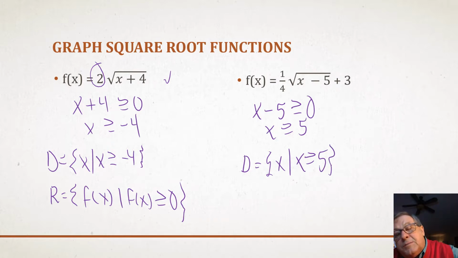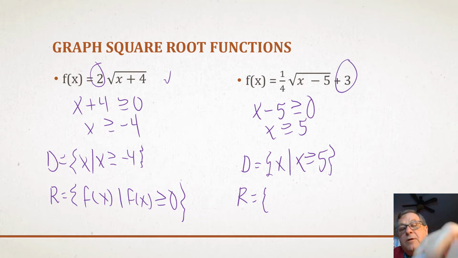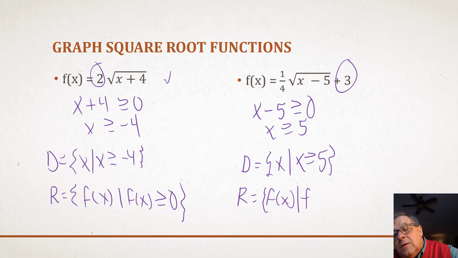Now our range has been affected. We've got a transformation on the range because this plus 3 is going to give us a vertical shift, so f of x is going to be greater than or equal to 3. It's going to shift it 3 units up. The negative 5 in there is going to shift our function 5 units to the right.